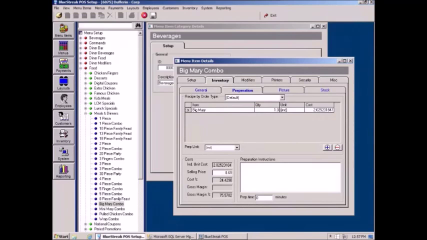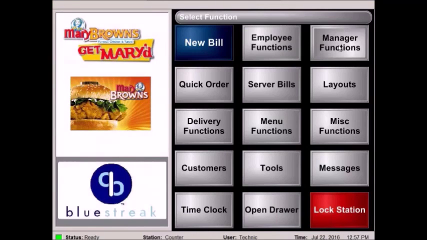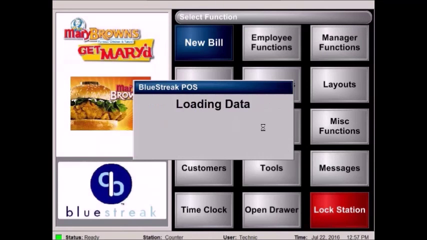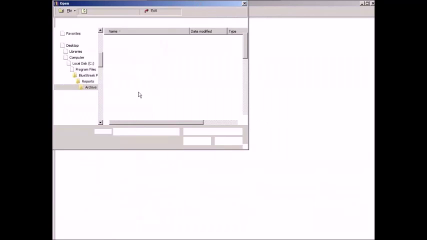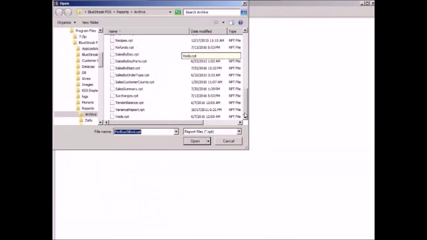So if I take a look at a sales report, and I know I'm jumping around a little bit here, but I really want to make sure everyone understands how the inventory is set up. So I'm going to run that sales report again for last Friday.